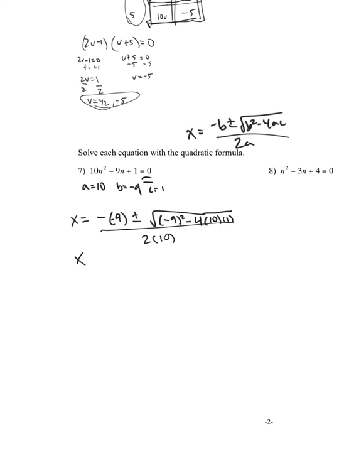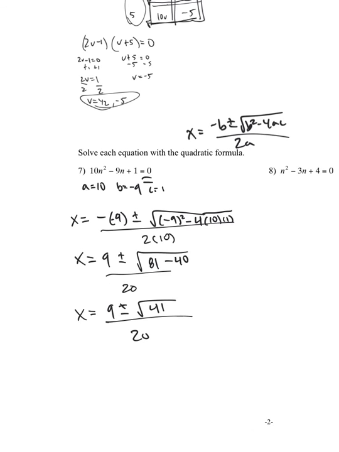All right, so simplifying negative negative 9 is going to be a positive 9. 9 plus or minus the square root of 81 minus 4 times 10, 40, all over 20. So this is x equals 9 plus or minus square root of 41 all over 20.